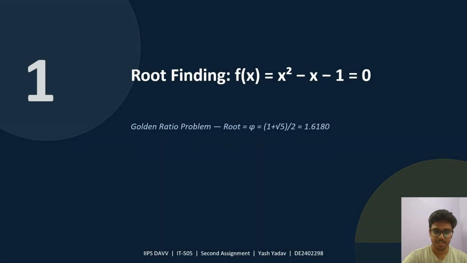Section 1 asks us to find the root of the polynomial f(x) = x² − x − 1 = 0 using 5 different methods. Before I begin, let me point out something beautiful about the equation.